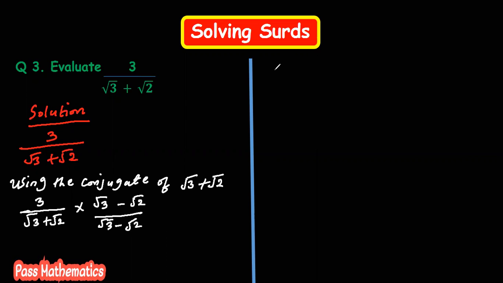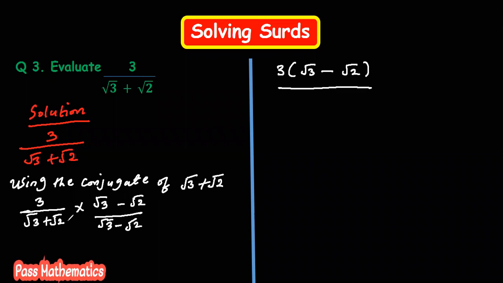So let's express. Root 3 times 3. So basically, we're having something like this: 3 brackets root 3 minus root 2 here, like this. So this times this times this, divided by what?